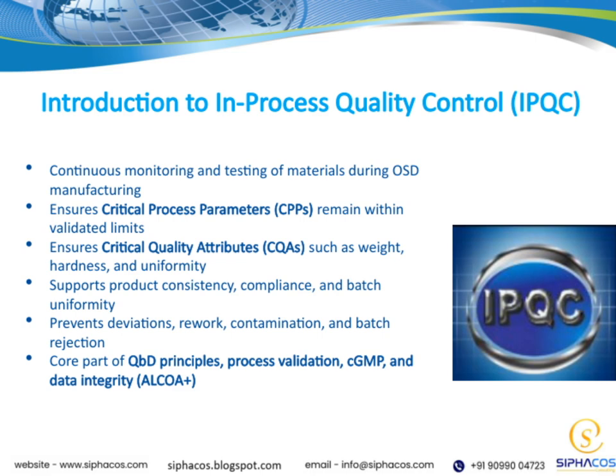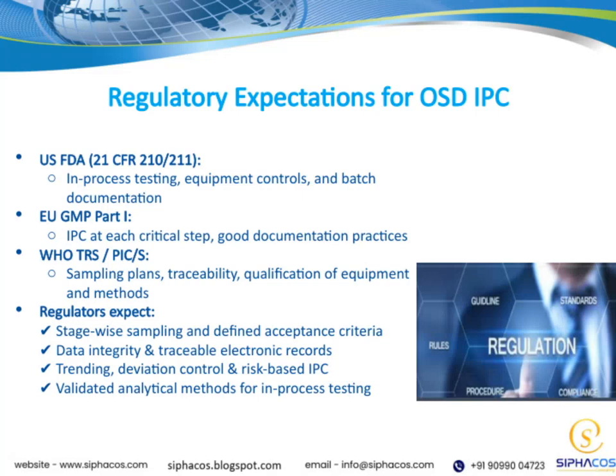This process is a core part of quality by design principles, process validation, and CGMP practices, all grounded in data integrity principles like ALCOA+. Now, I'll introduce the concept of in-process quality control, or IPQC, which plays a vital role in this ongoing oversight. Let's take a closer look at the regulatory expectations across different regions.